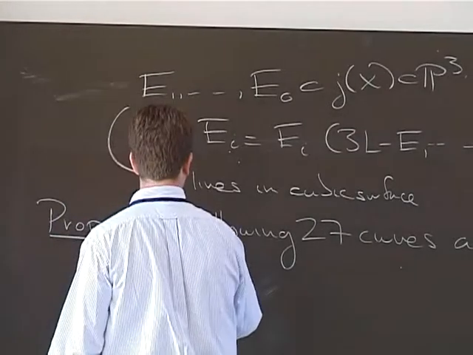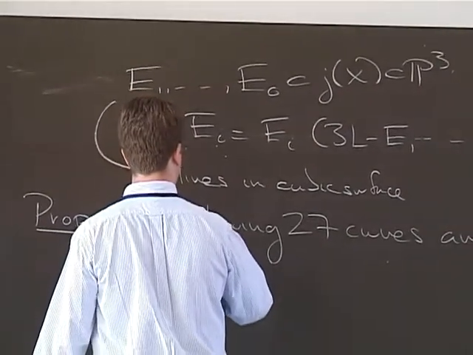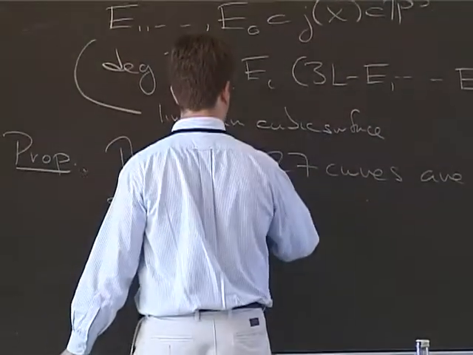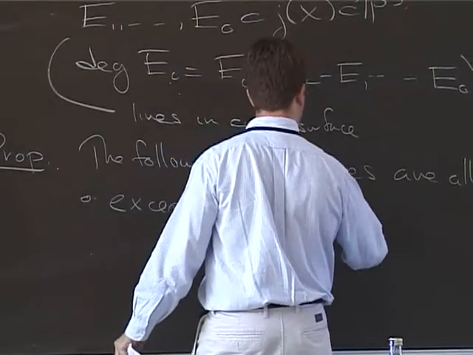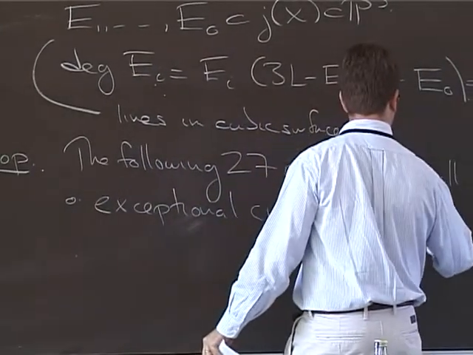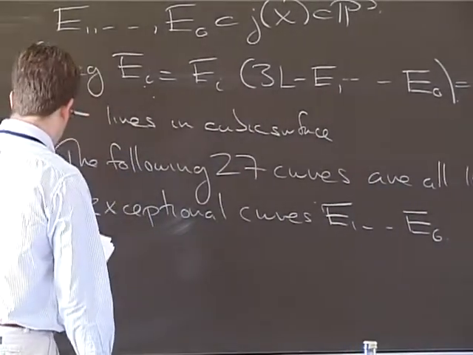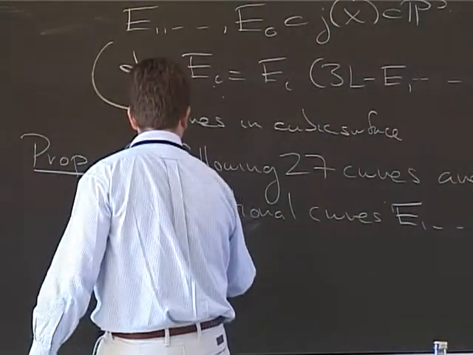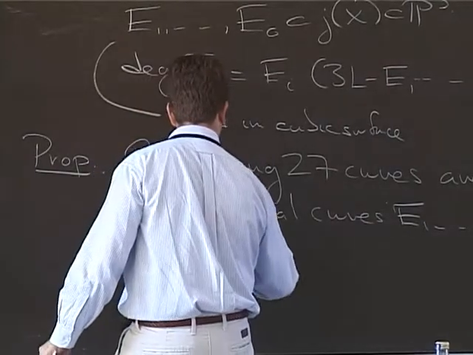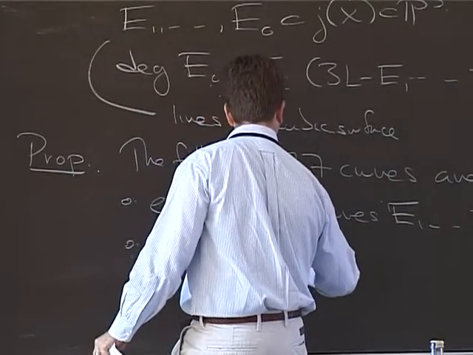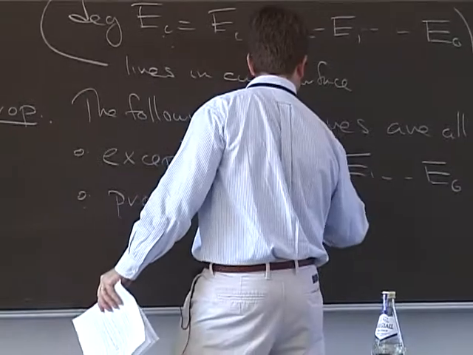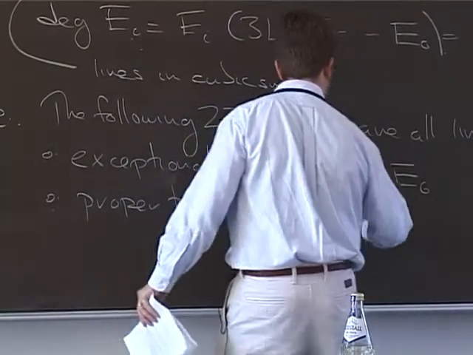So we have the exceptional curves E1 through E6. We have the proper transforms of lines through 2 points.